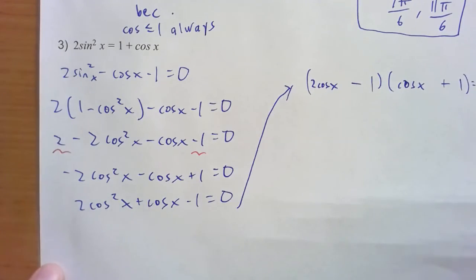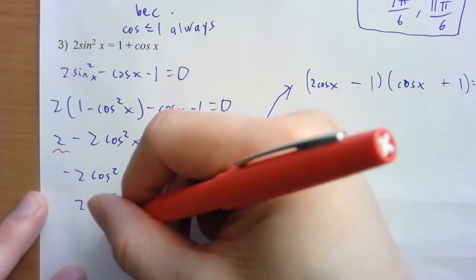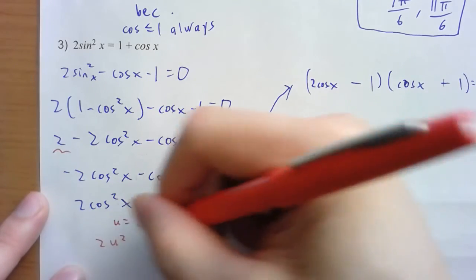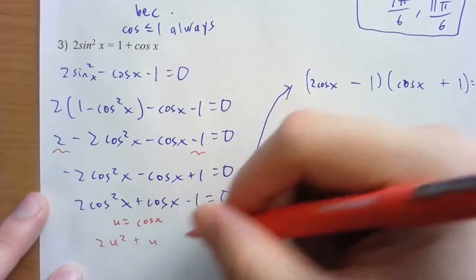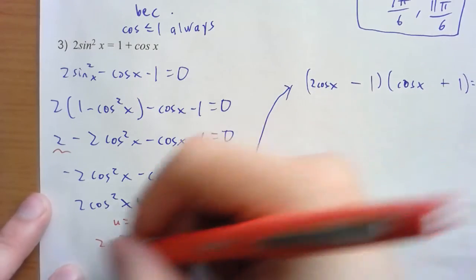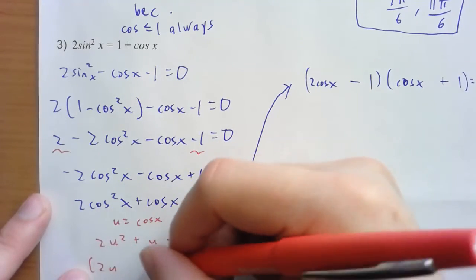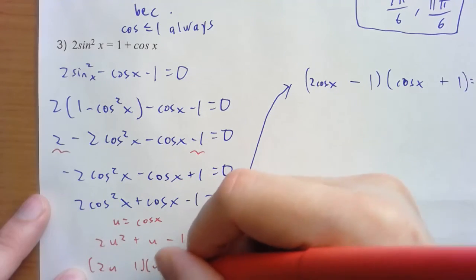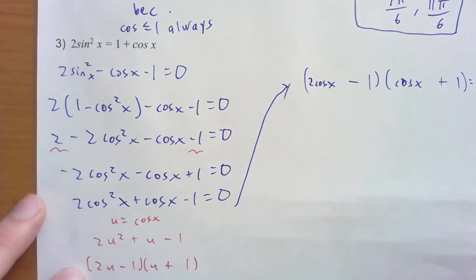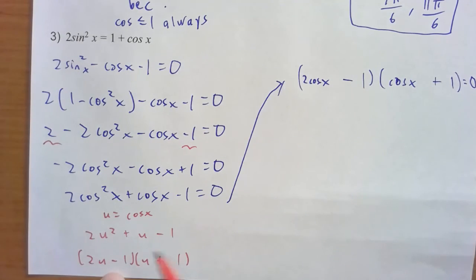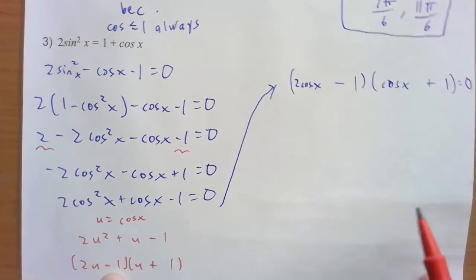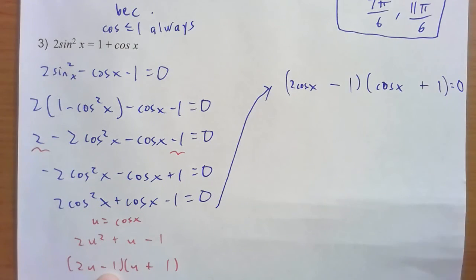Now, if you're not comfortable with that, you can go back to u substitution. You can say u equals cosine x. You've got 2u squared plus u minus 1. And that would be 2u and u, 1 and 1, plus 2 minus 1. All right, and so you could use the u substitution to factor if you want, or just go ahead and factor it as is. That depends what you're comfortable with.